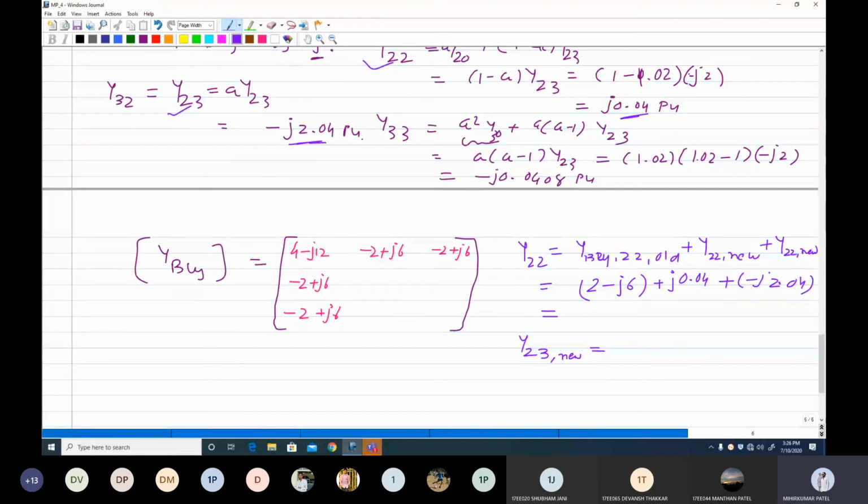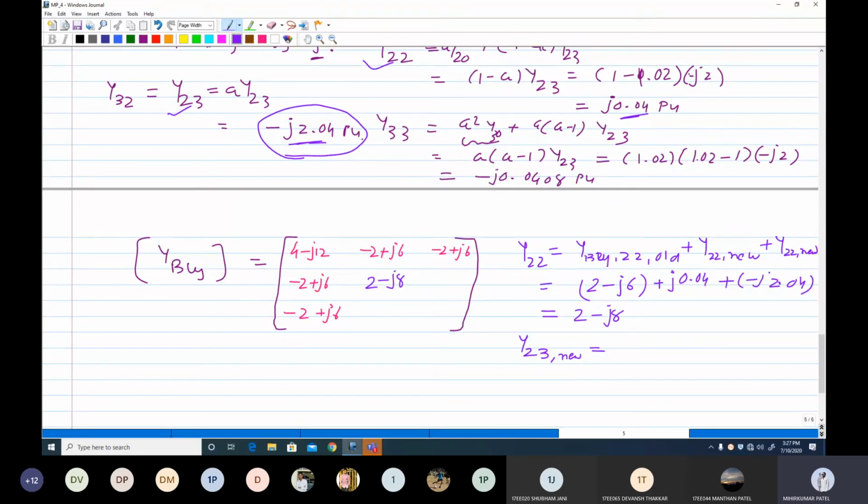Yes, 2 minus j8. Clear? Now Y23 new, what is the value of Y23 new? It is minus j2.04.